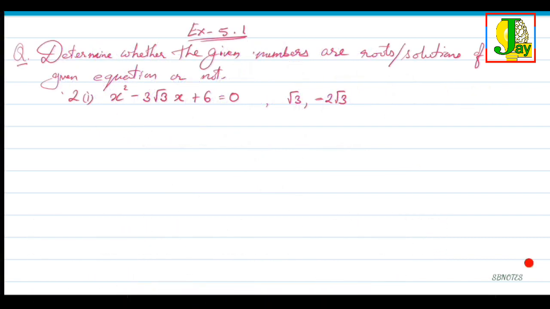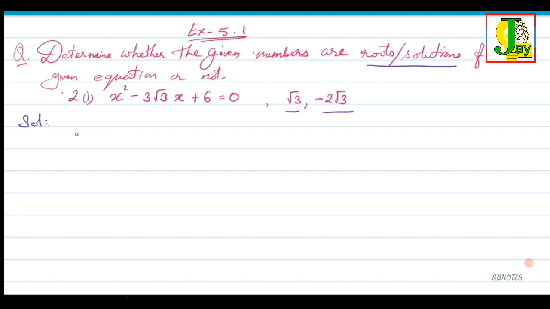This is our first question from the exercise. Okay, so in this question they are asking you to find out whether the given numbers are roots or solutions. Now, how to find whether a given number is a root or a solution for the equation? So these are the numbers given. Okay, so we can say these are alpha and beta, and we have already discussed this in the explanation part.